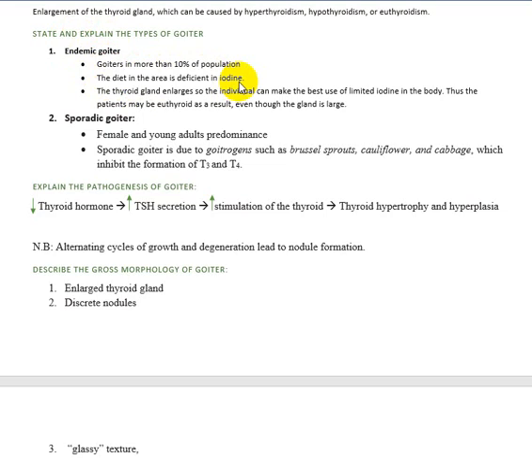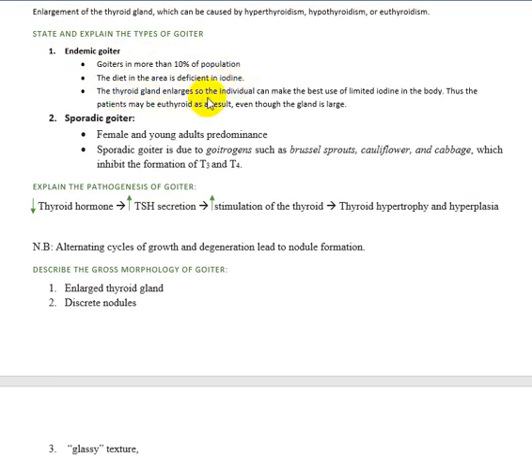Iodine is that particular substance which is used for growth of the thyroid gland. So what happens with endemic goiter is that in the endemic region there is iodine deficiency. So you're going to have more than 10% of the population affected with that goiter, and it's due to deficient iodine.